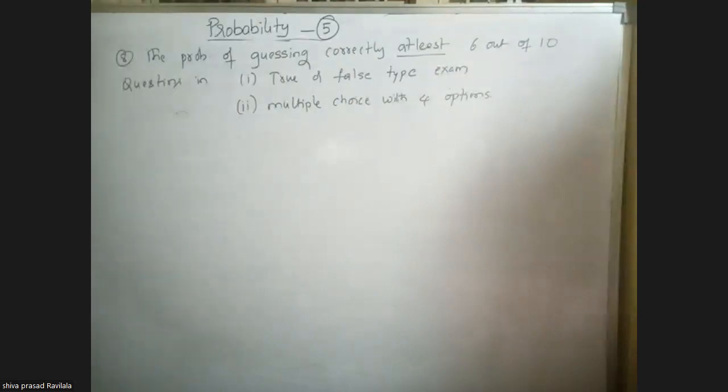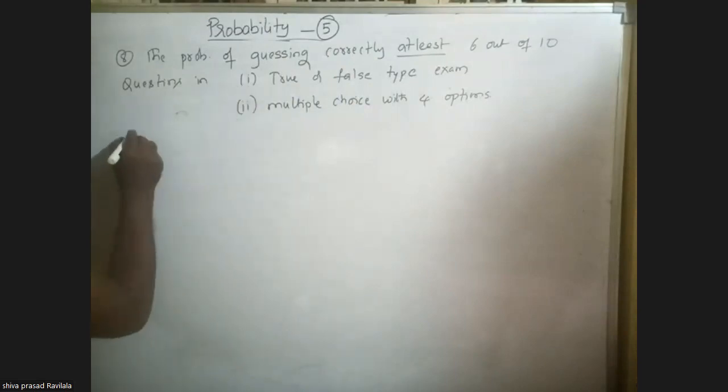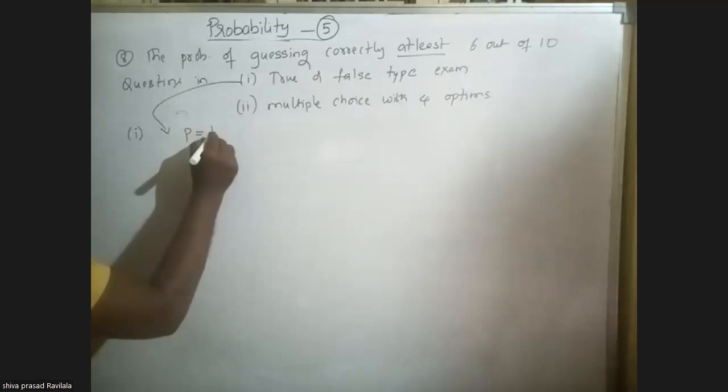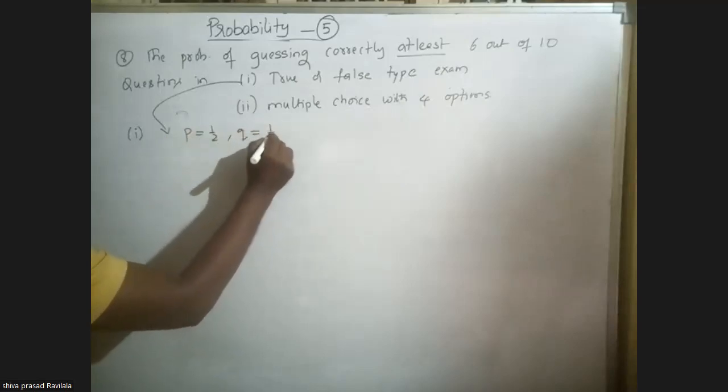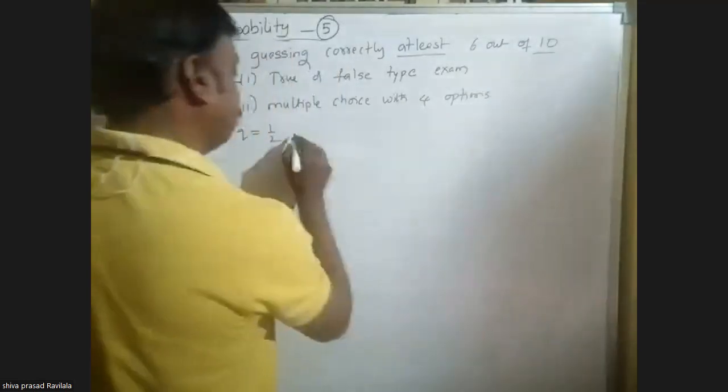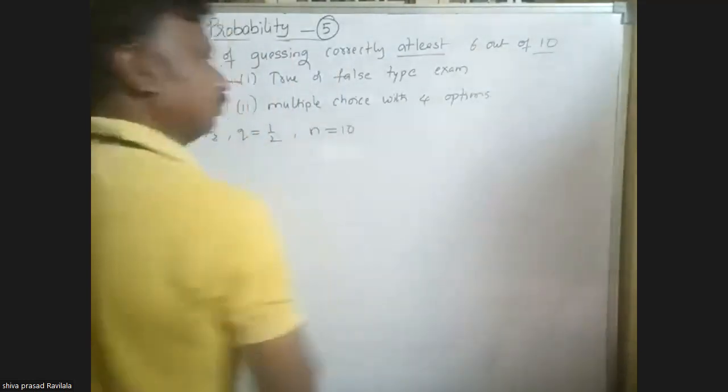What is p and q? When it is true or false, p is equal to 1 by 2 and q is equal to 1 by 2. And the number of questions is clearly mentioned, n is equal to 10.